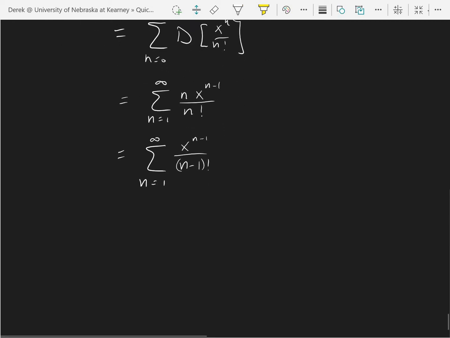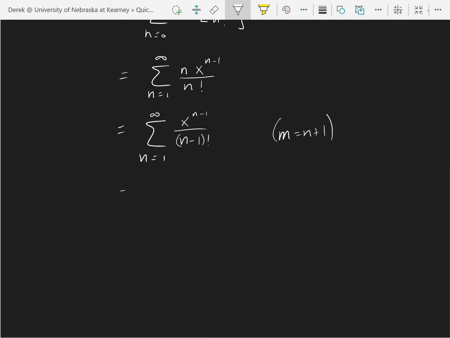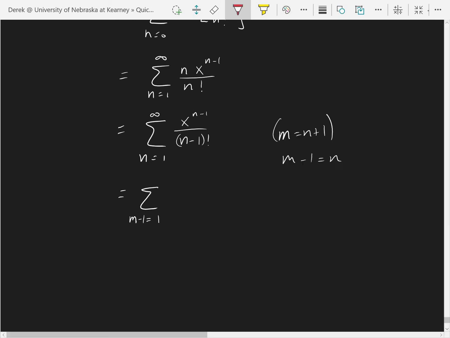If I just change my index, say m equals n plus 1, is that what I want to do for my index changing? Then m minus 1 equals n, right? So anytime I put an n in here, I see an m minus 1. No, I think I want a minus sign here.